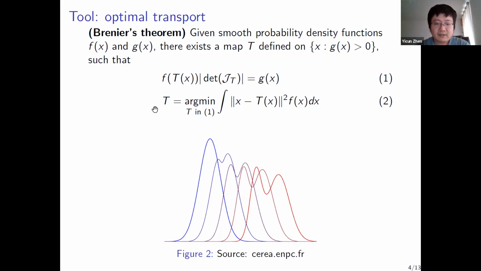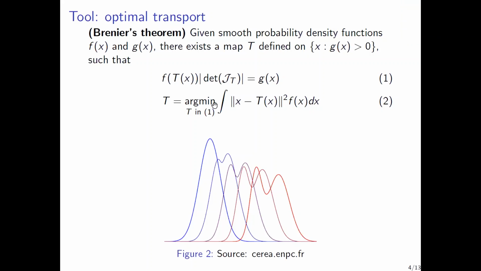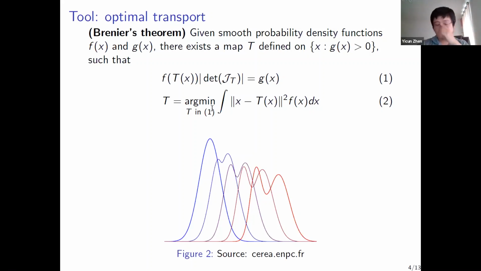The second argument is that T can be found by minimizing loss functions.